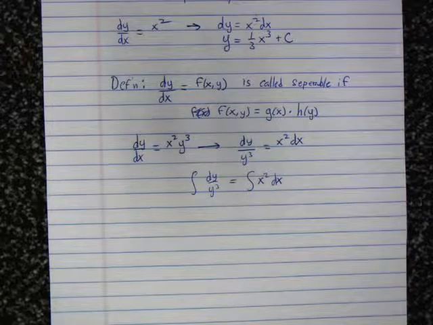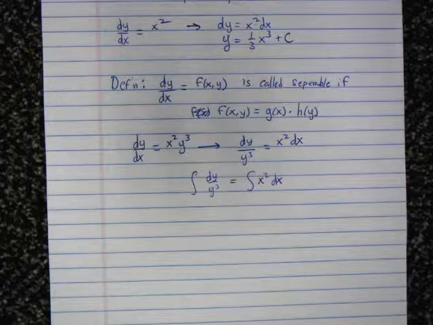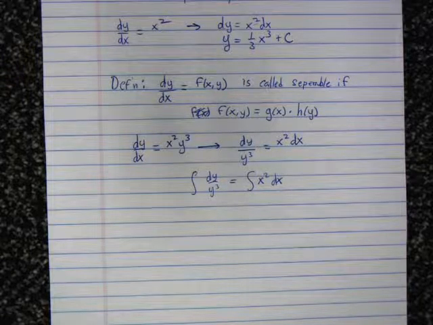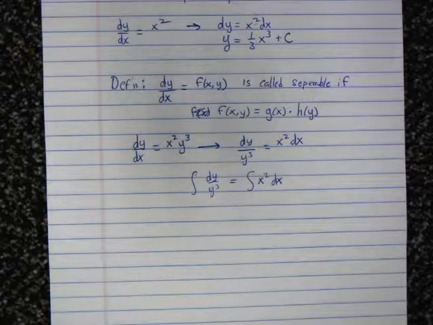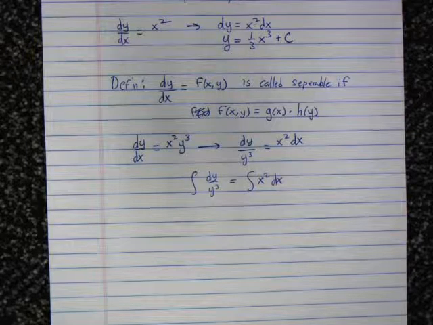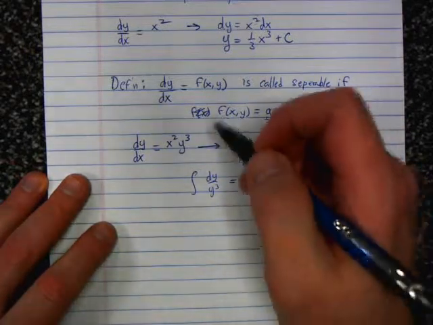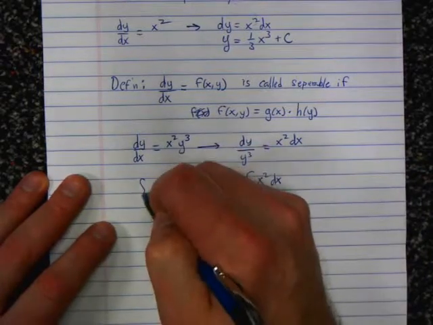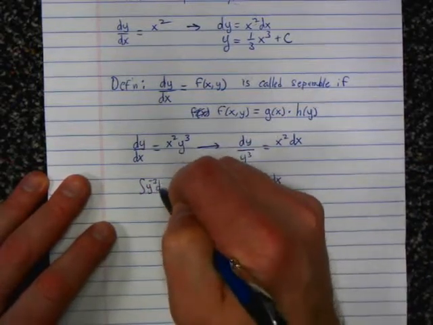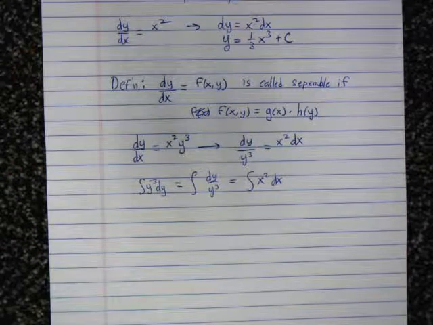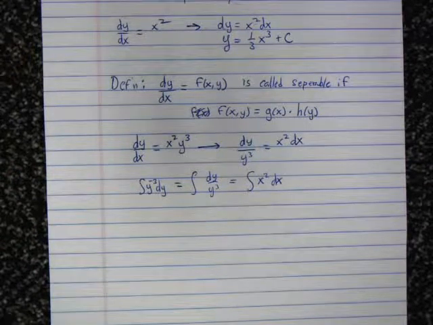What's the integral of dy over y cubed? No ln in that one. I'm hearing the right answer. dy over y cubed you could rewrite as the integral of y to the negative 3 dy.